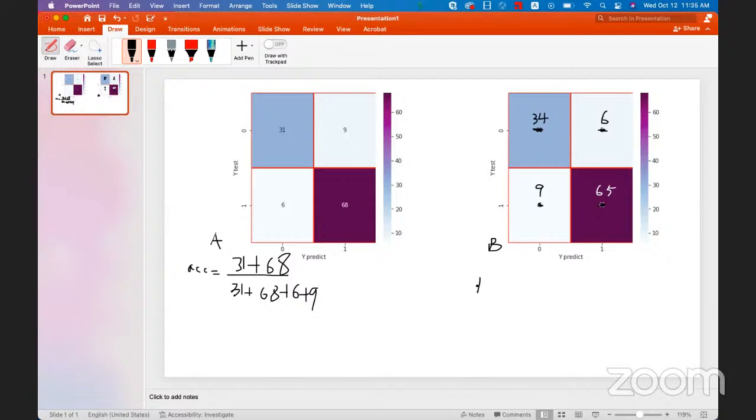And this B accuracy score. Yes. So if you get the result of these two numbers, what will be the result? Which one is better?